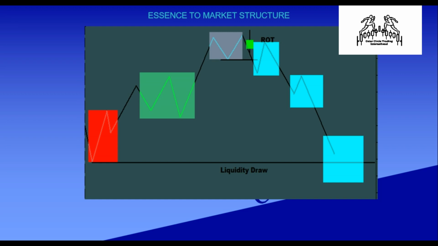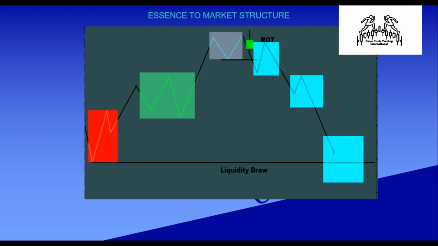I'm only talking about the basics of market structure because this is just part one. So you need to have this in your mind. This must be an integral part of you to understand. But the most important thing that you have to master is a break in structure.